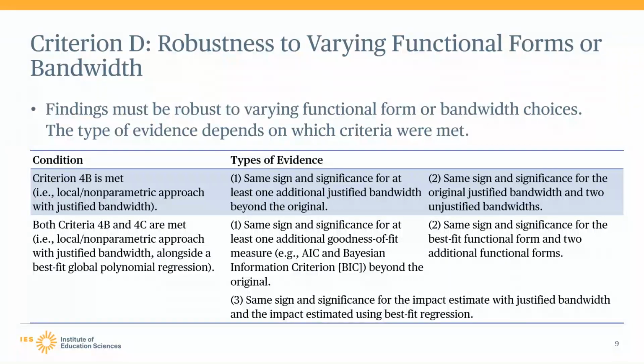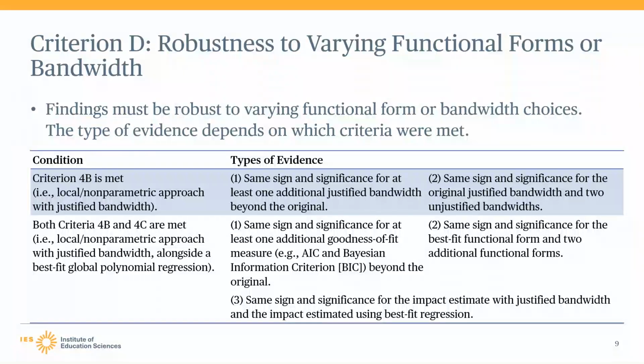The final way the studies meeting both criteria 4B and 4C could potentially meet RDD criterion 4D is if the authors show the same sign and significance for the impact estimated within a justified bandwidth and the impact estimated using the best fit regression. These typically will be the models used to meet criterion 4B and criterion 4C.